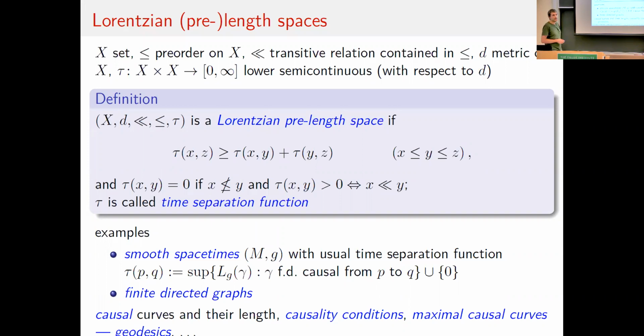You need that it's proper, or that everything is in a compact set. These are the two cases, it's locally complete, because these are the only two cases where we actually need the limit curve theorems.